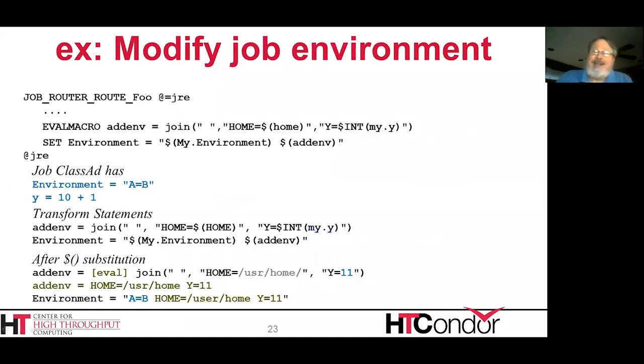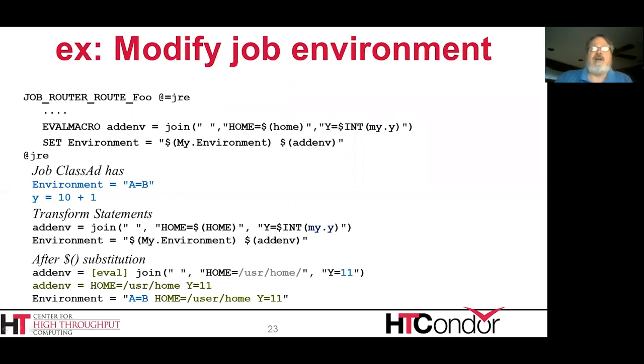Here's a much more complicated example that involves modifying the job's environment block. Once again, we're going to pick up job attributes, the current value of environment, and also the value of the job attribute y. And we're using a special dollar expansion command, $int, if you can see that in that line up at the top.